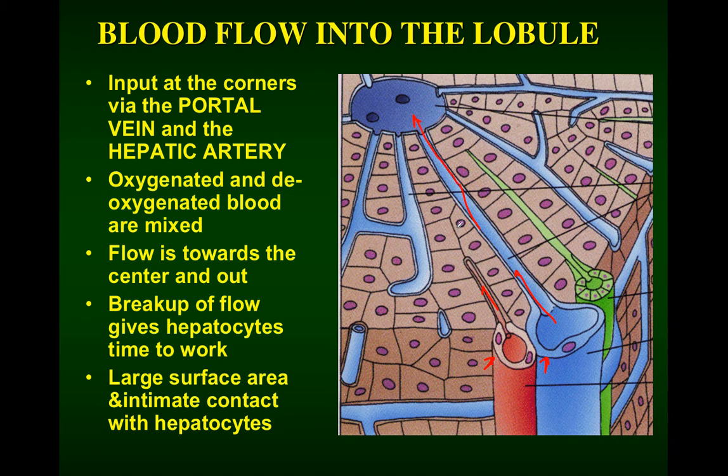This is similar also for the hepatic artery. Sometimes there's an area of disruption, so there will be a mixing between the venous and the arterial blood supply. See this area here? This is the area of disruption I was talking about.